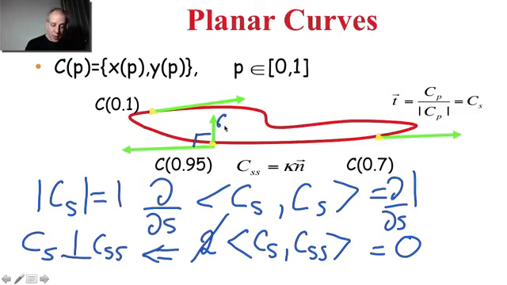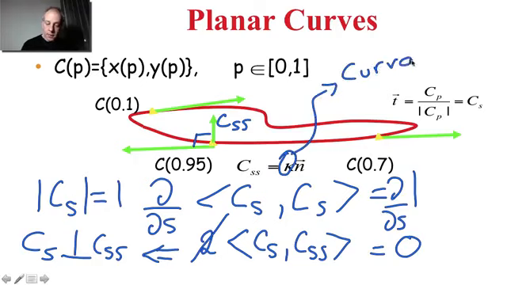So this is the second derivative. Now, it doesn't have to be a unit vector. Most of the time it won't. And we call the magnitude of that second derivative the curvature. This is the curvature. Okay?